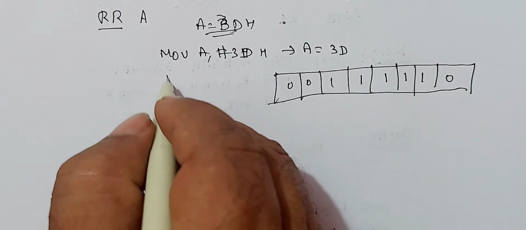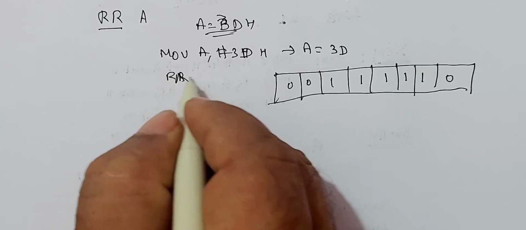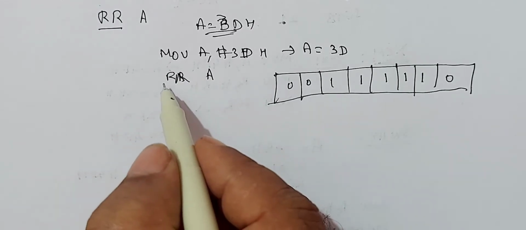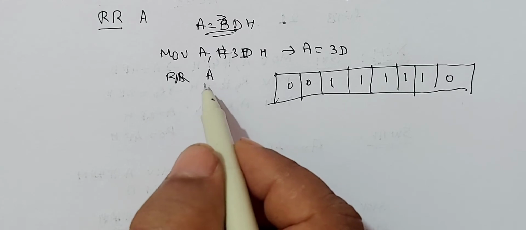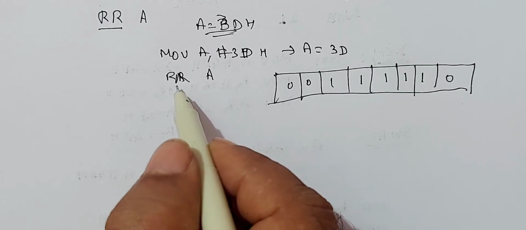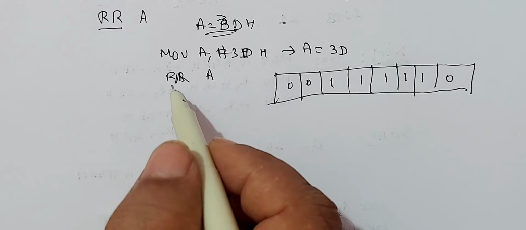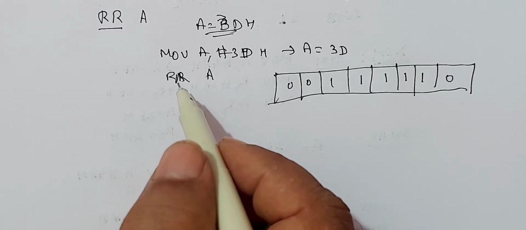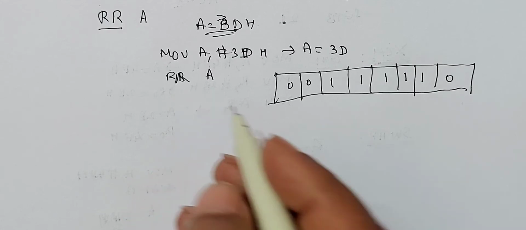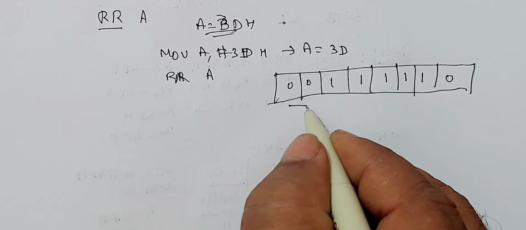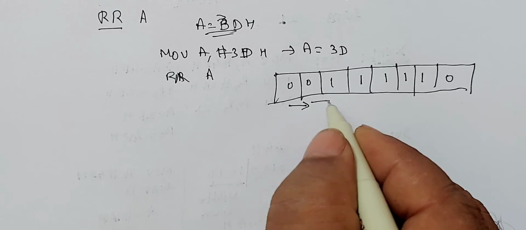Now I will write RRA. Rotate the content of A to the right. So each bit should be involved, but the bit should be rotated to the right. That is, this 0 is shifted here. This 0 is shifted here.